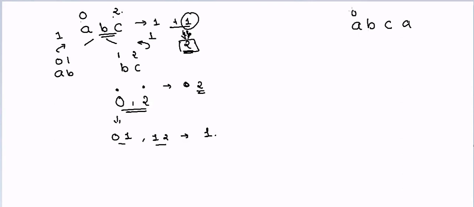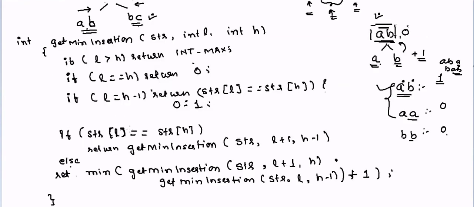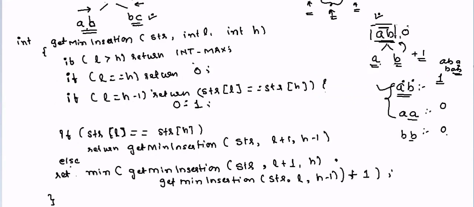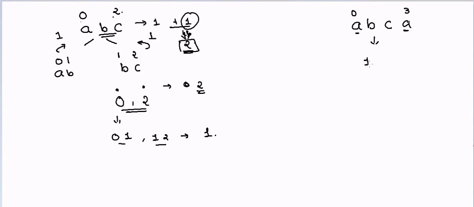Now let's see over here. If we are passing 0 and 3, A and A are matching in this condition, string of L equal to string of H. So it will directly call just one recursion of L plus 1 and H minus 1, which is 1 and 2. So over here we are checking for 0 to 3, with length 4.